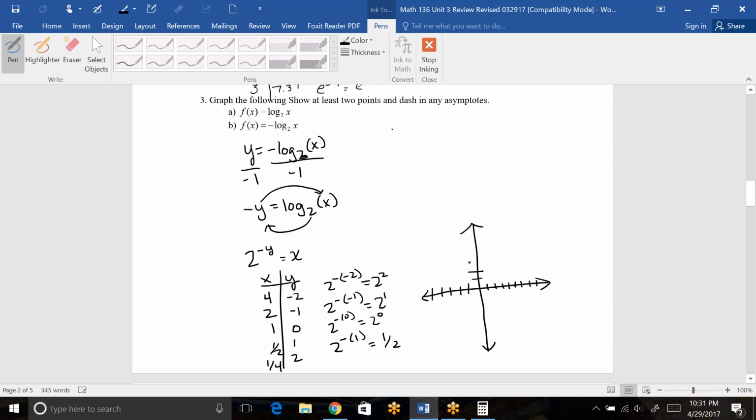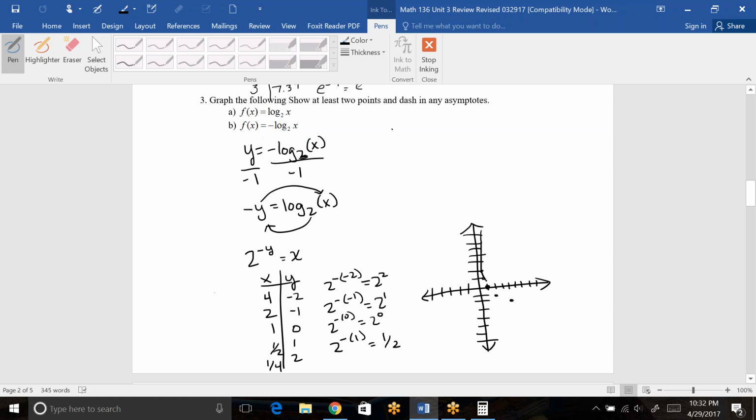So when we plot this one, we get 4, -2, so 1, 2, 3, 4, -2, let's see, 2, -1, it's right there, 1, 0, 1/2, 1, and 1/4 is 2.